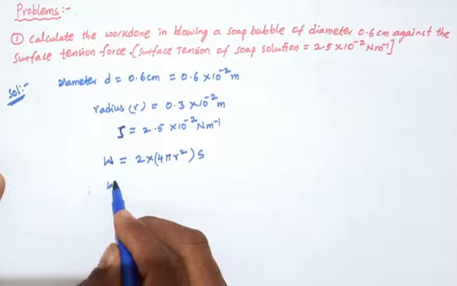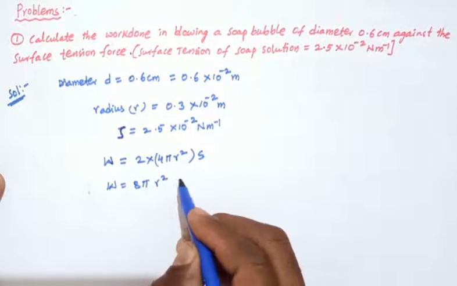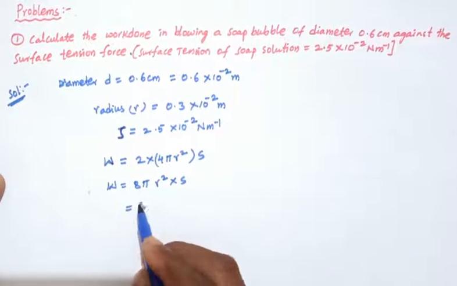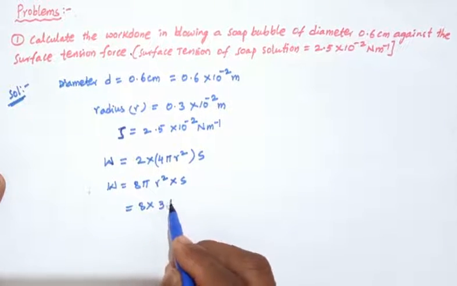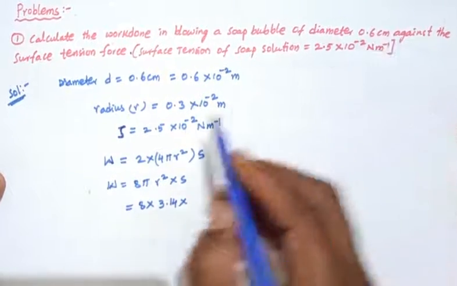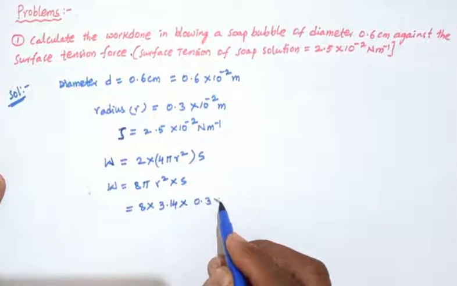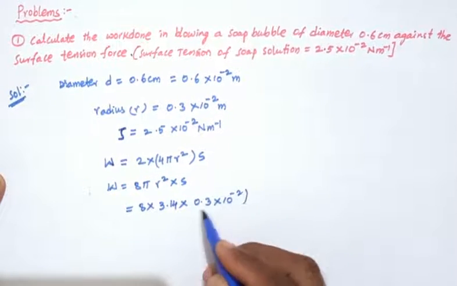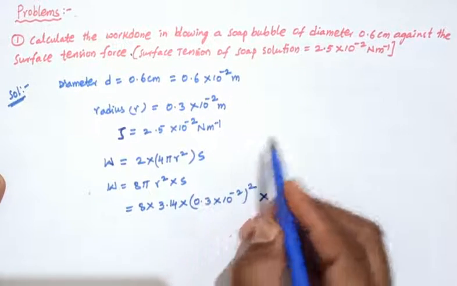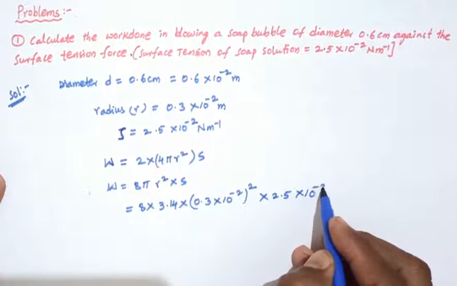W equals 8 pi r square into S. So 8 into 3.14 into R equals 0.3 into 10 to the power of minus 2, whole square, into S equals 2.5 into 10 power minus 2.